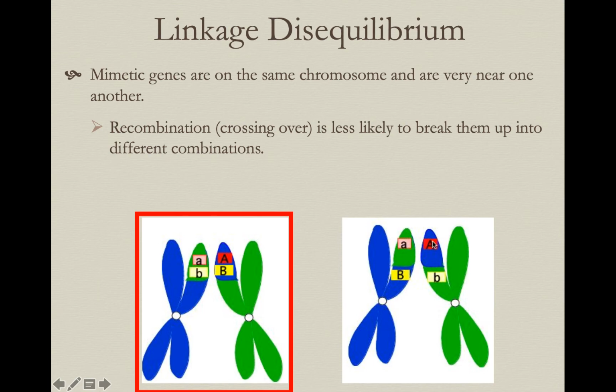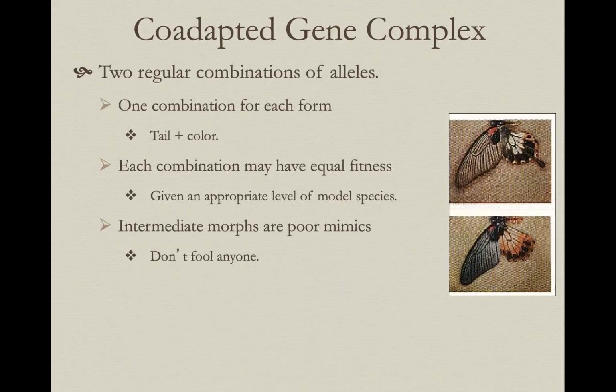Intermediates would occur if you had a situation like this. Here we see that there's less spatial linkage between the A and the B locus, and here you would expect to get more combinations of colored forms and tailed forms. So again, we have two regular combinations of alleles at different haplotypes. One combination has the tail and the appropriate color.